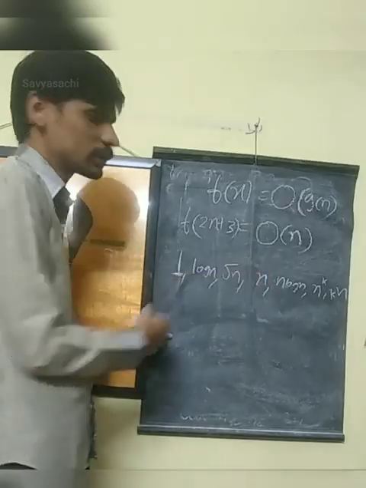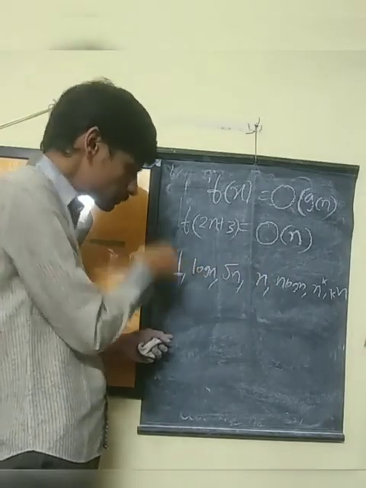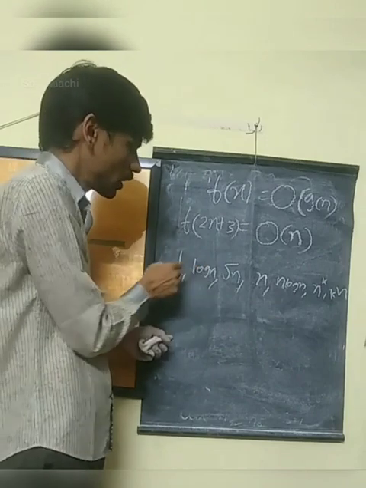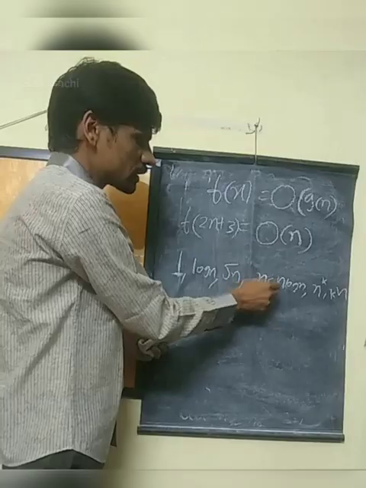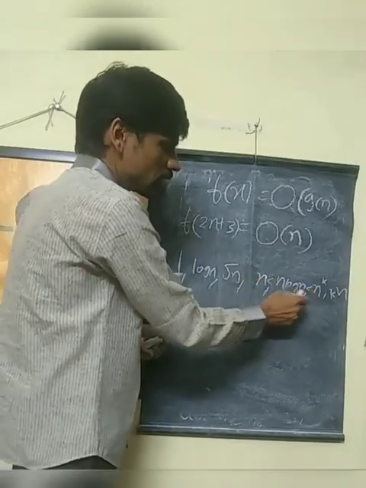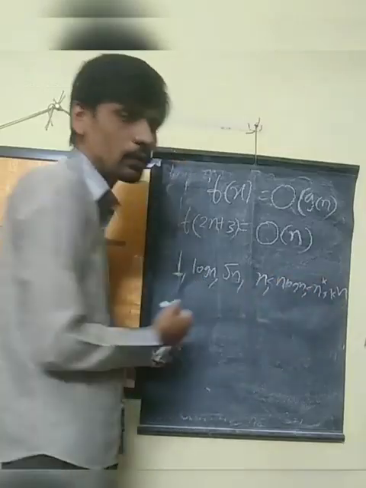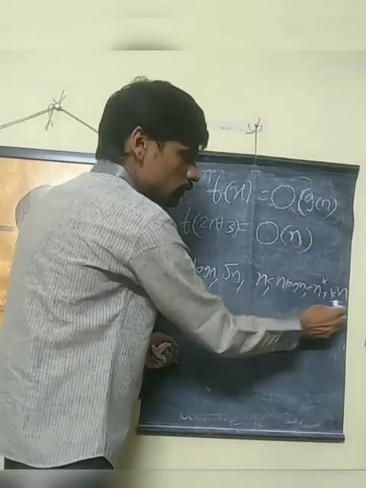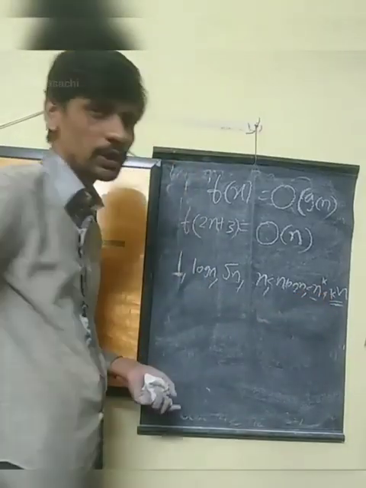So these are our functions. 1 is always lesser than log n, log n is lesser than root n, which is lesser than n, lesser than n log n, lesser than n power k, lesser than k power n. k power n is exponential time, and n power k is polynomial time, right?